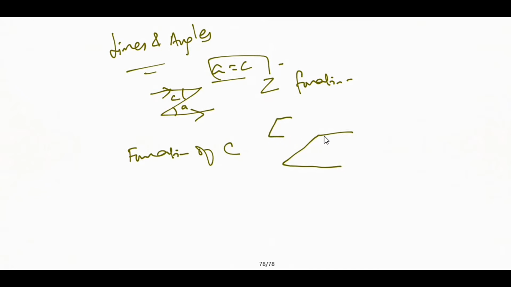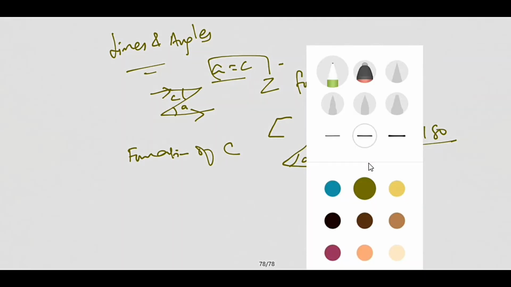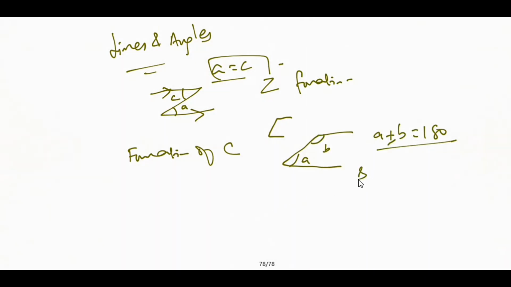So this angle, if I say A and B, so A plus B is equals to 180. Property says that it's supplementary, or whenever supplementary is written, it means that it is equivalent to 180 degrees.